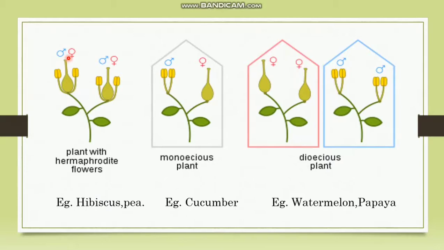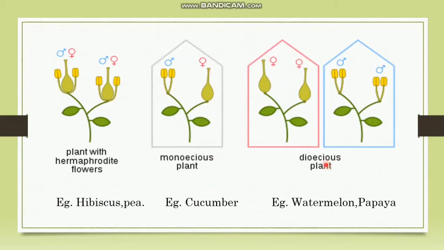In this case, self-pollination can't take place, and if the flowers are chasmogamous, then cross-pollination can occur. But in the case of a monoecious plant, autogamy will not occur since the flowers are unisexual, but geitonogamy may occur. Example, cucumber and maize plant.